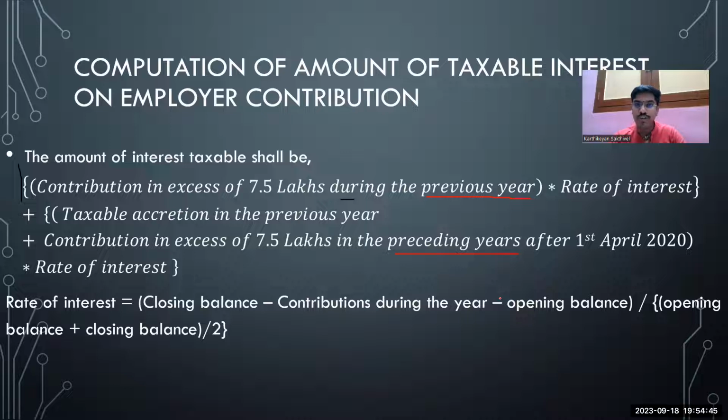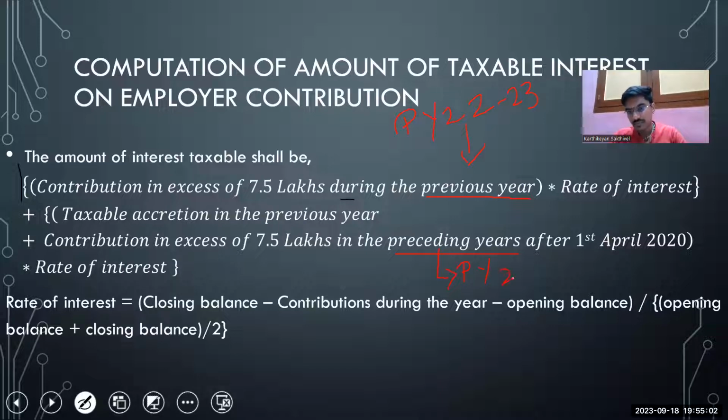So basically if you are going to compute for previous year 22-23, 22-23க்கு கான்ட்ரிபியூஷன் in excess of 7.5 lakhs இங்க மட்டும் தான் வரணும். இங்க from preceding previous year 21-22 மட்டும் தான் வரும், அதுக்கு முன்னாடி இருக்கிறது 20-21 அது மட்டும் தான் வரணும். இங்க வரச்சே don't include the current year's in excess of 7.5 lakhs contribution. That is a word of caution.